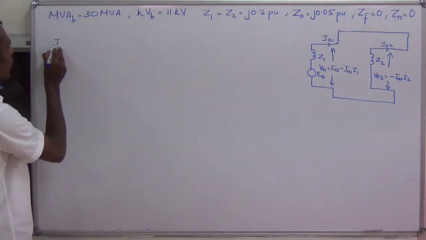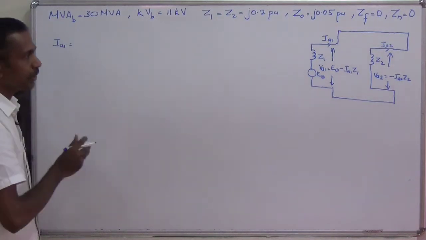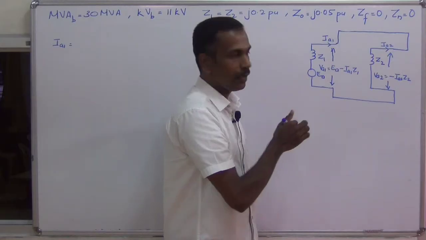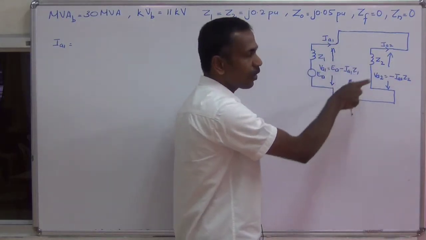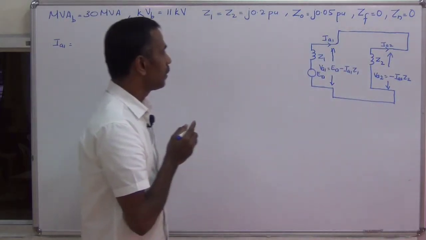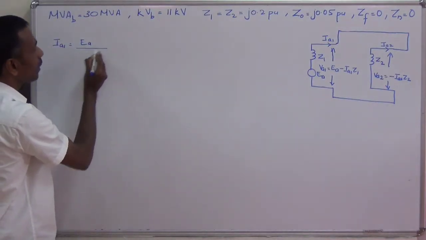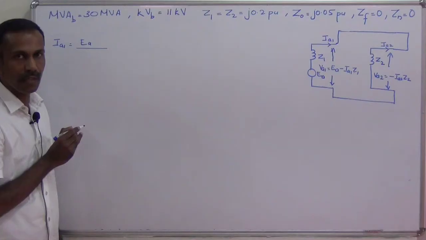From the network, what is IA1? What is the positive sequence current? The current flowing through this network equals the total voltage divided by total impedance. The total voltage is EA divided by the total impedance, Z1 plus Z2.